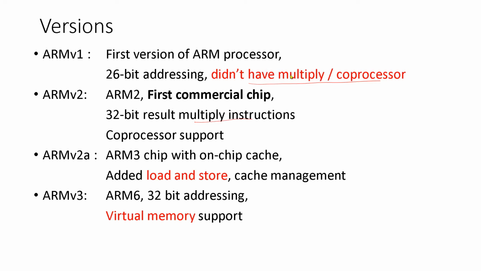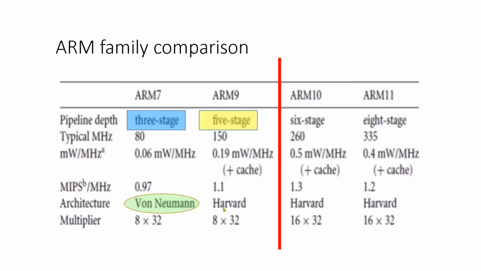And in the third version, one more enhancement is done to load and store, and also to cache management, for temporary storage of data and to load and store the processed data. And in version 3, you have virtual memory support, which has 32-bit addressing. And you can see the comparison table of ARM7, ARM9, ARM10, and ARM11.